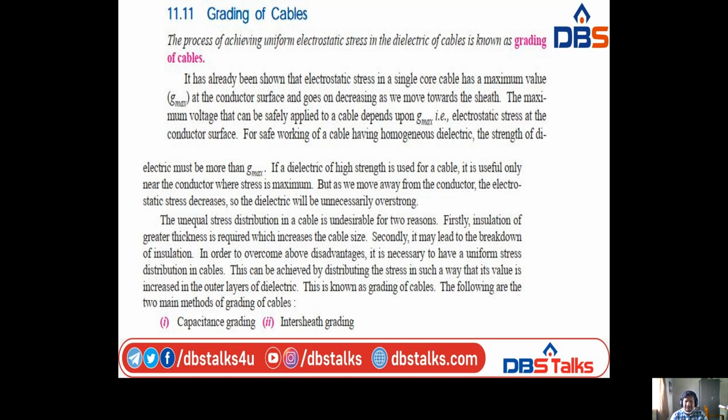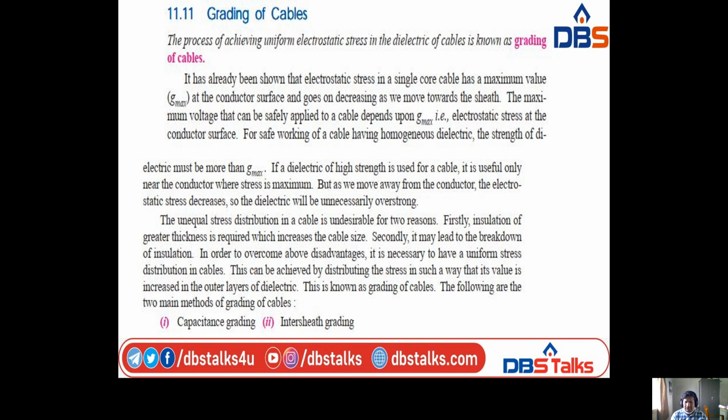As you move away from the conductor, the electrostatic stress decreases, so the dielectric will be unnecessarily overstrong. The unequal stress distribution in a cable is undesirable for two reasons. Firstly, insulation of greater thickness is required, which increases the cable size. Secondly, it may lead to breakdown of insulation.